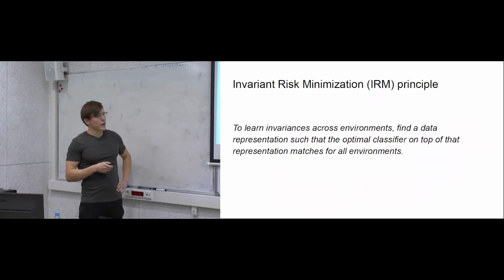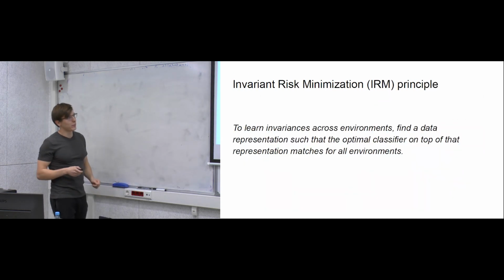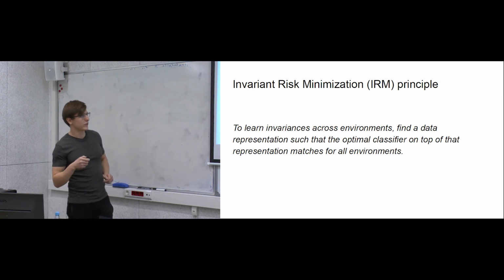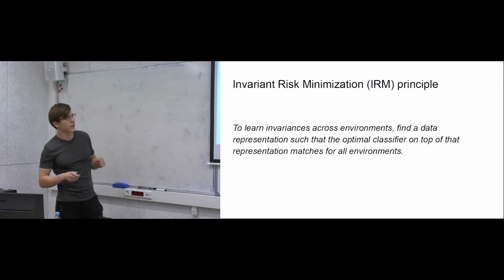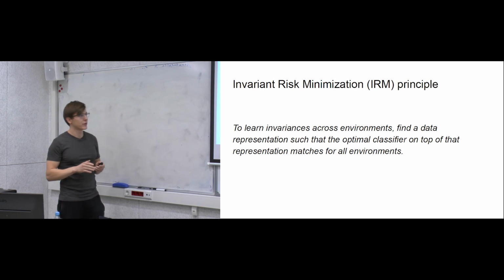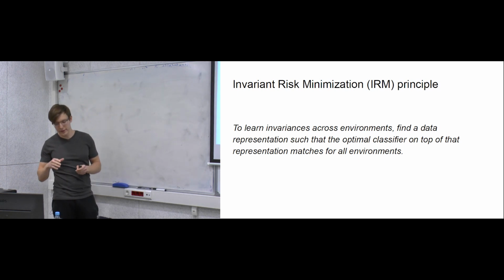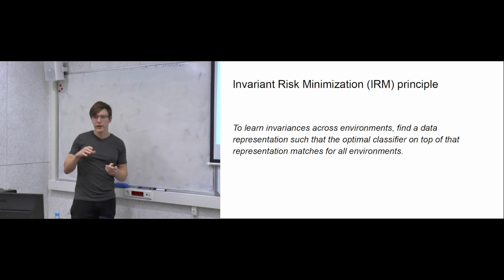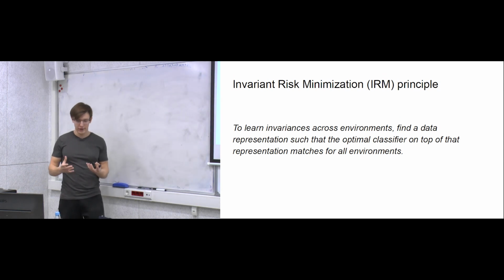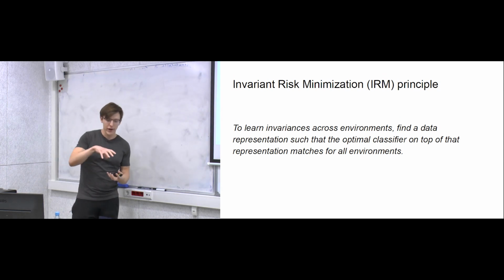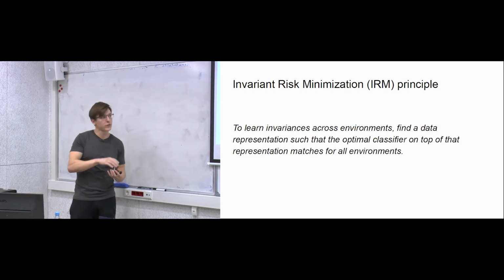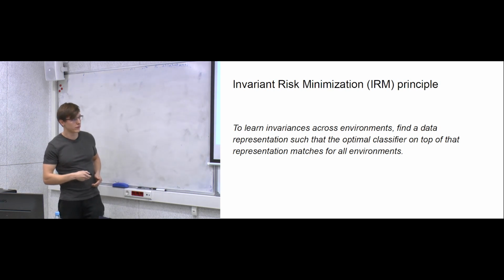Okay, here we come to the spotlight of the paper, the invariant risk minimization principle. So it says that in order to learn invariant predictors, we need to find such a data representation that a classifier on top of that representation would be optimal in all environments at once.